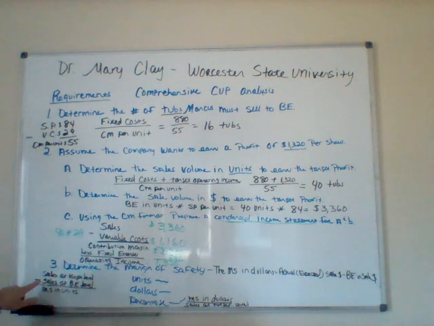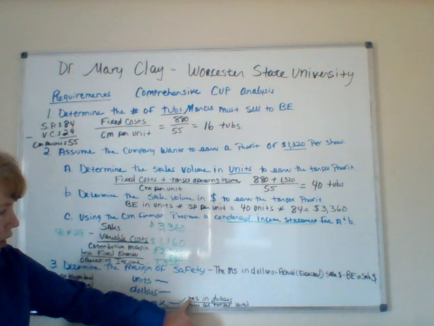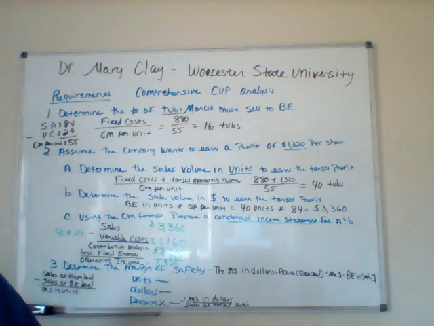For the units, we're going to take the sales at the target level minus the sales at the break-even level, and that will give us the margin of safety in units. The percentage, we're going to take the margin of safety in dollars and divide that by the sales at the target level, and that will give us the percentage. All right, so grab my next sheet.